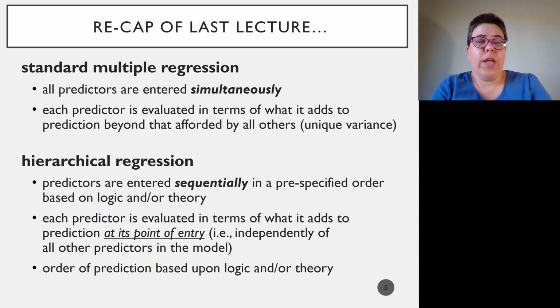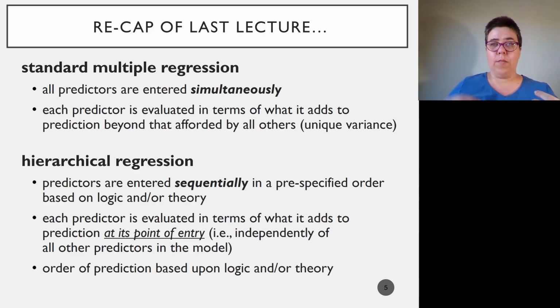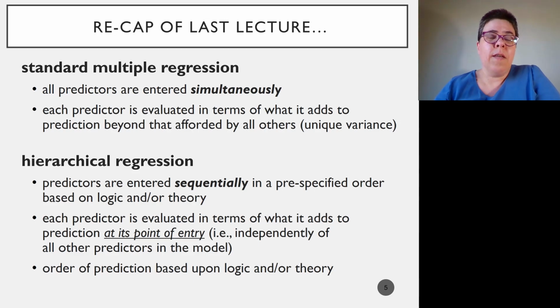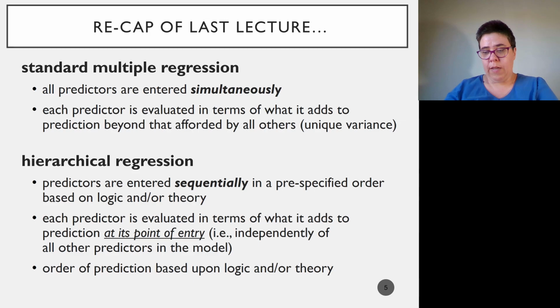So last time we had an example of anxiety and motivation. The idea there was the anxiety comes first, and if there's a shared variability with motivation, then anxiety kind of owns that shared variance. But there's lots of ways of conceptualizing shared variance, and it's very common for different researchers to have a different decision about how they're going to enter the variables in a particular regression model.